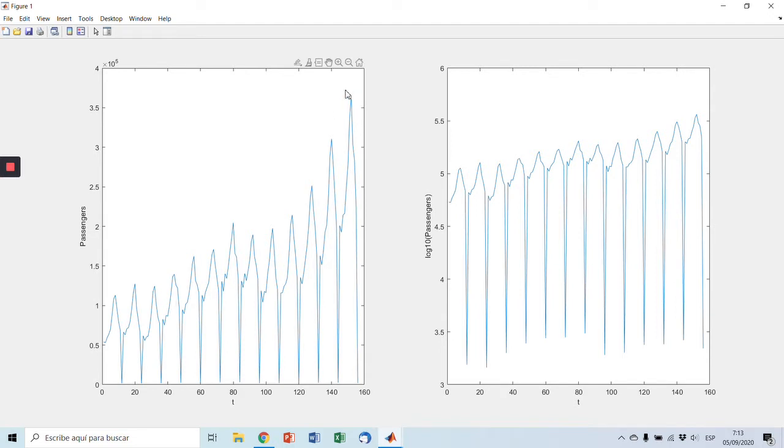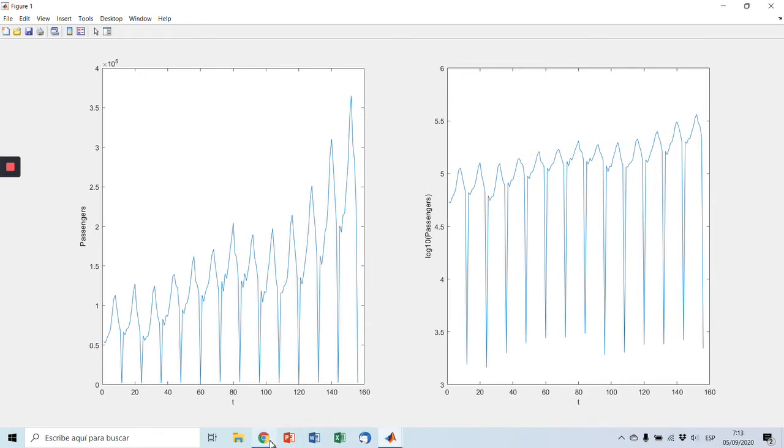Here it goes 10 to the 5, and here it is 10 to the 3. We can see that better in a logarithmic plot. So here we see that it goes up to 10 to the 5, 10 to the 3. So there is a very high variation.